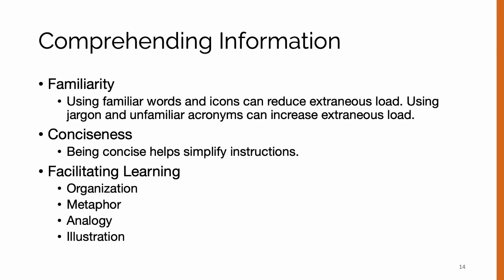Being concise also helps simplify instructions. And again, facilitating learning helps if information is organized, if we use a metaphor, for example, to explain things in relationship to other things we already know. That's true of analogies, and illustrations are often helpful, especially when illustrations have text, descriptive text right by its side.